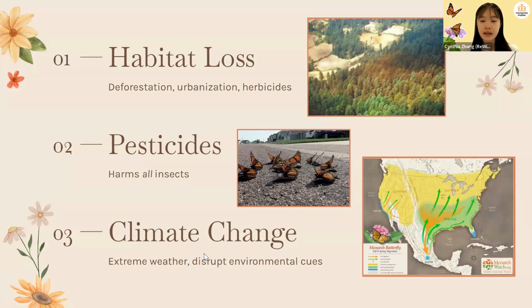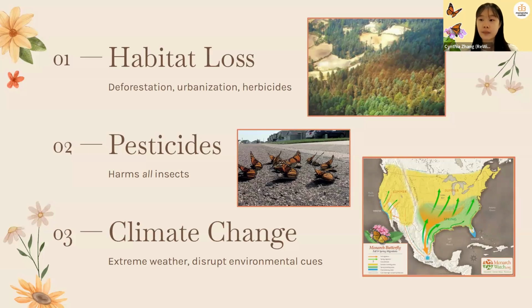And then the third issue is climate change, which causes extreme weather and disrupts environmental cues for organisms. Specifically for monarch butterflies, you could see in this Monarch Watch map, monarch butterflies migrate from Canada and the US to Mexico during the autumn to hibernate in the Oyamel fir forest in Mexico during the winter, and then they breed in the US and Canada during the spring and summer.